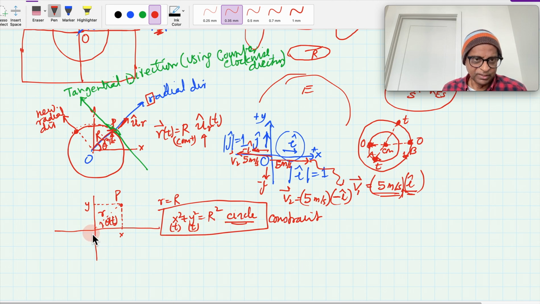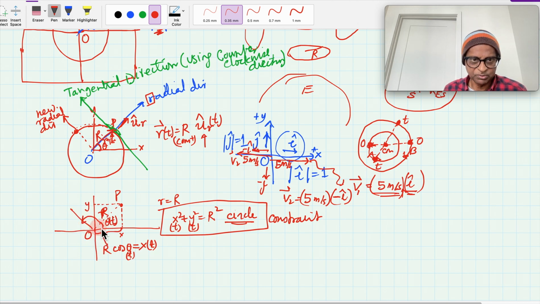If you look at it using R, which is capital R, you can write this as R cosine theta. So this is equal to X. So X of t, of course theta is changing with time, right? It's going in a different direction, different theta.